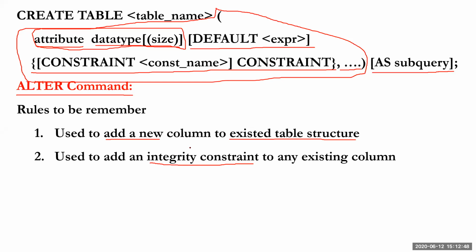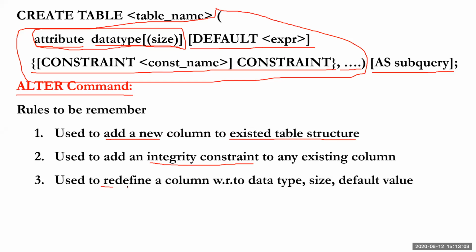So this is one more rule to be used to do some kind of modification within the structure of the table. I am repeating, I am stressing one particular word here: structure of the table. Then you can redefine the column or attribute with respect to data type, data type size, or default value.